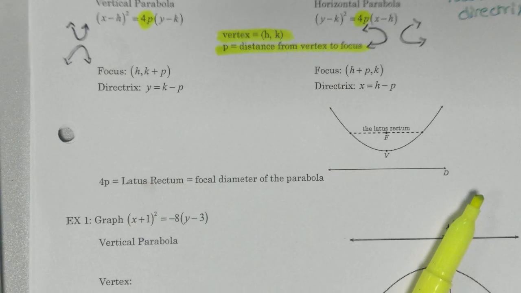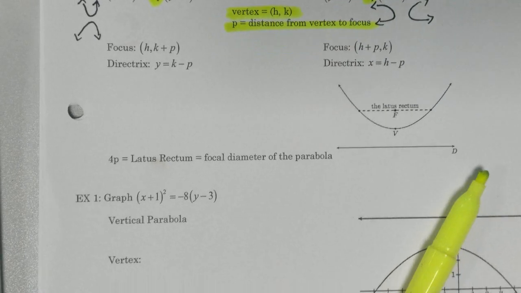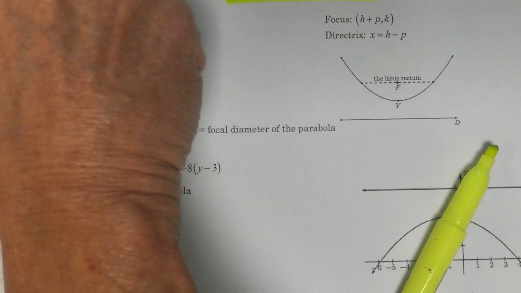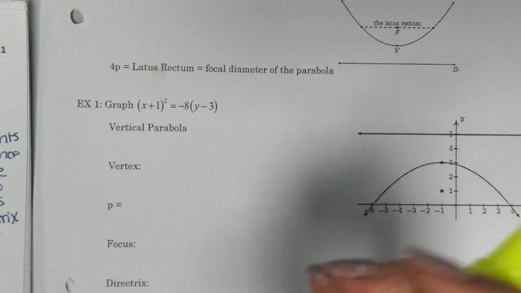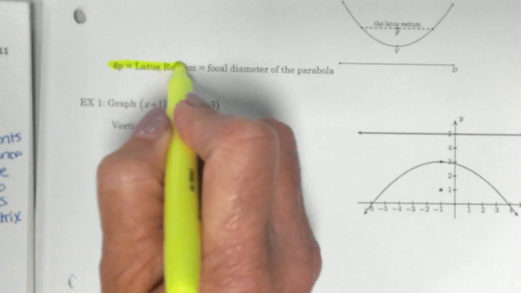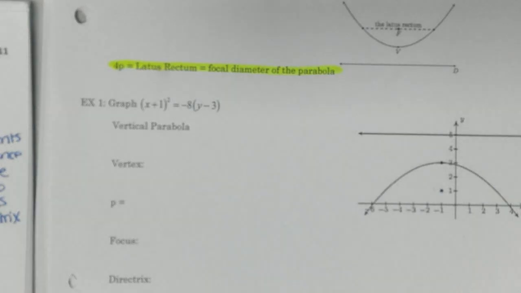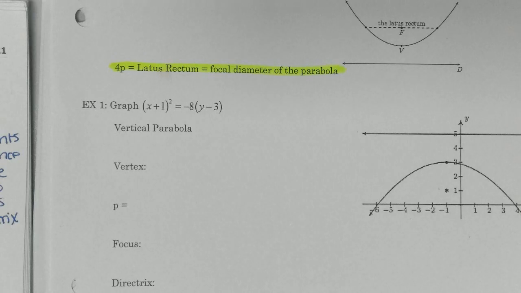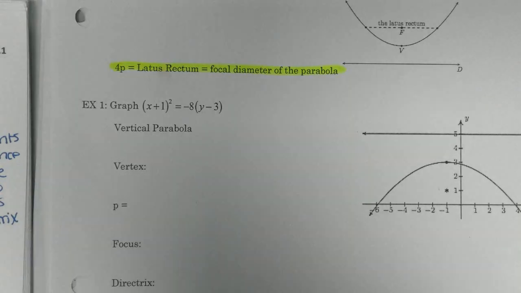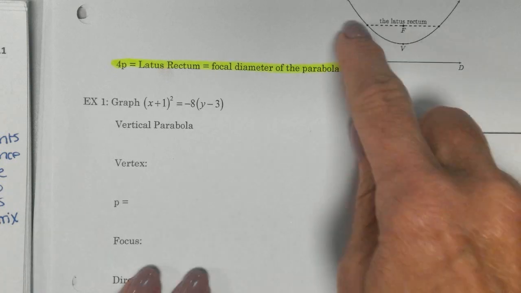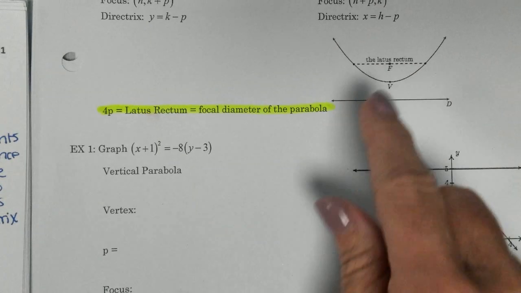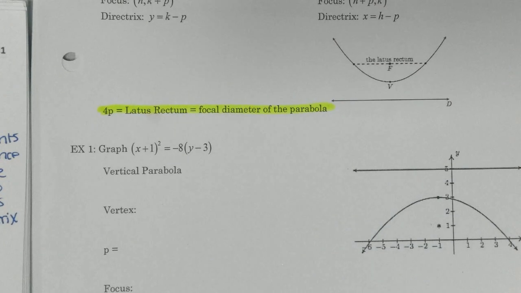All right, so now one more term, and this is kind of a funny term. It is called your latus rectum. Your latus rectum is a segment, and it's basically the distance between two sides of the parabolic curve. And your latus rectum always runs through the focal point.